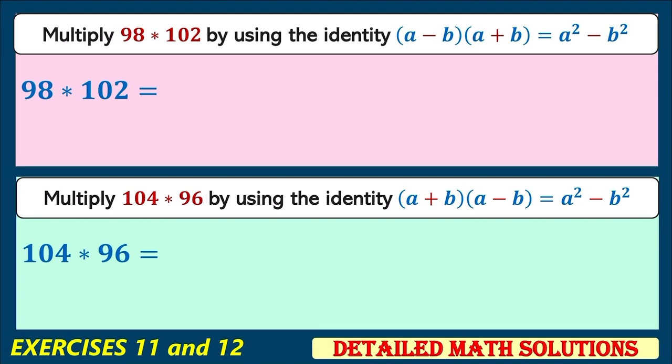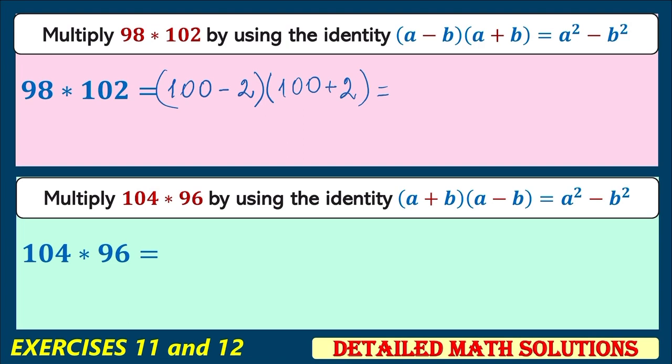Next exercise. Multiply 98 and 102 by using the identity. Again, I need to write the number 98 as a difference of two numbers and the number 102 as a sum of the same two numbers. When I do that, this equals (100 minus 2) multiplied by (100 plus 2).